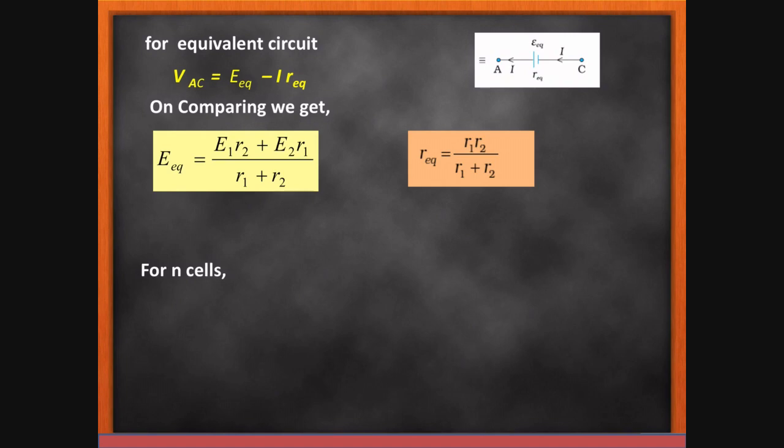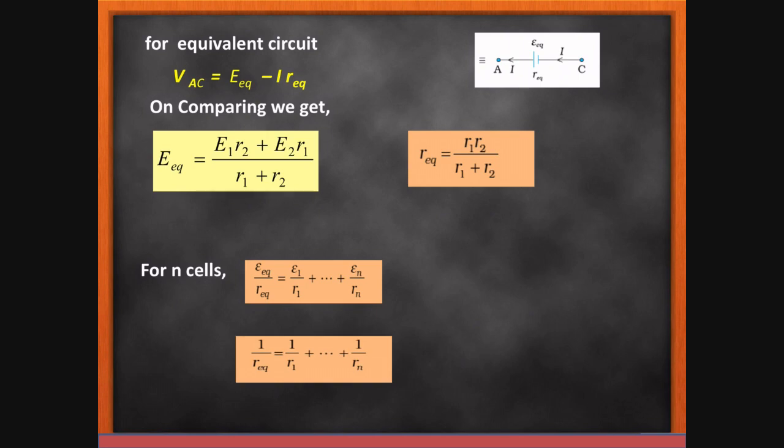For n cells, E equivalent upon R equivalent is equal to E1 by R1 plus dot dot dot plus En by Rn, and 1 by R equivalent is equal to 1 by R1 plus dot dot dot plus 1 by Rn.